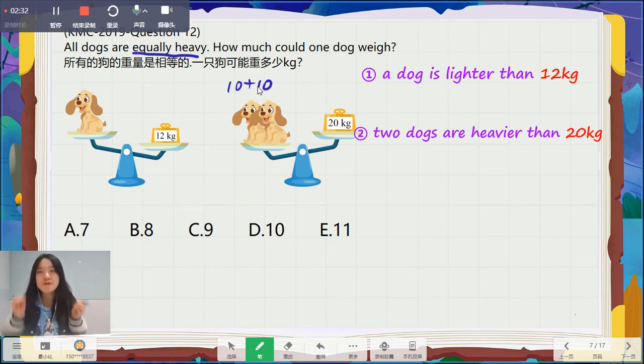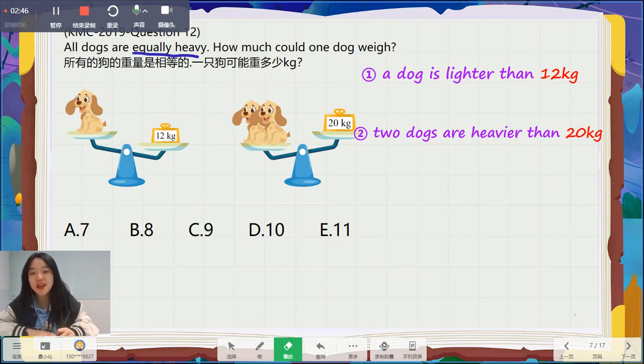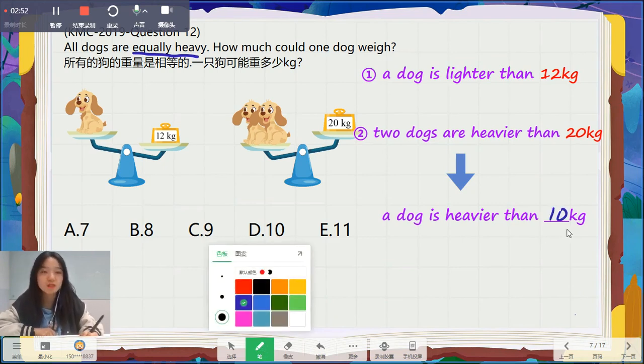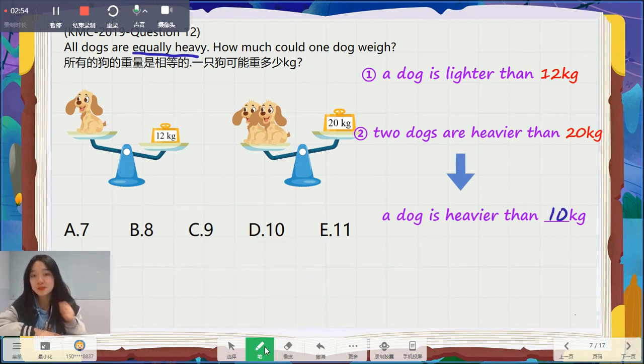Still not, because if they are, every dog is just 10 kilograms. The second balance scale must be balanced, because they are equal, so it cannot be 10. That means one dog must be heavier than 10 kilograms. That's how we find this one.